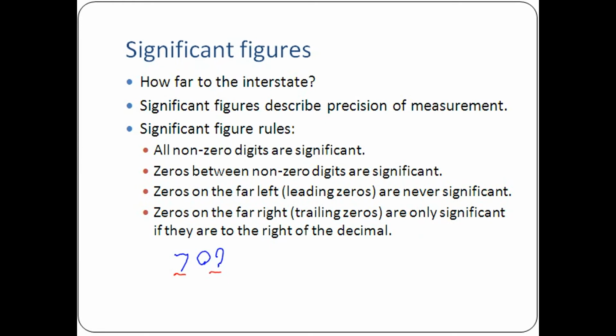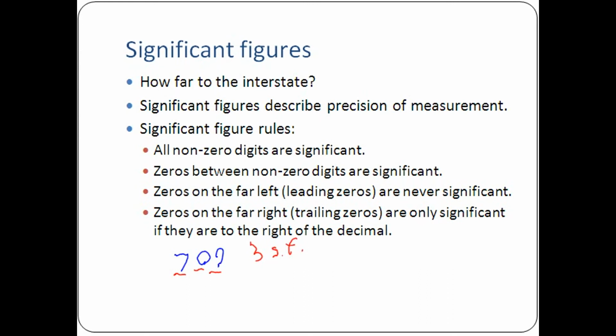Yes, so it's significant. Next rule: zeros between non-zero digits are significant. Is the 0 in 709 between two non-zero digits? Yes, so it's significant. So this one has 3 significant figures.